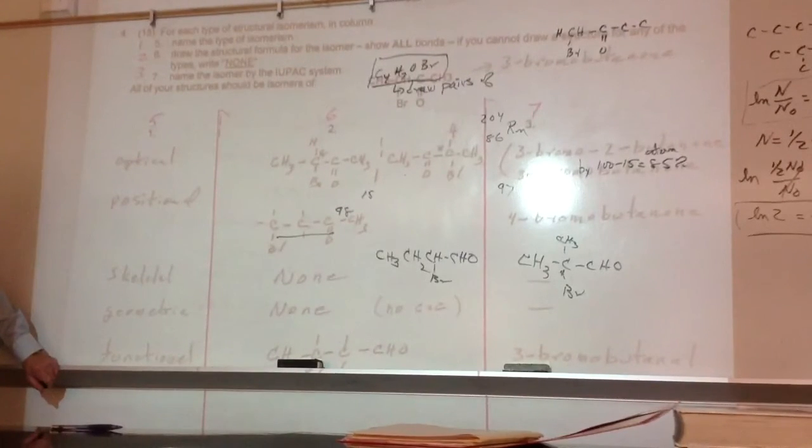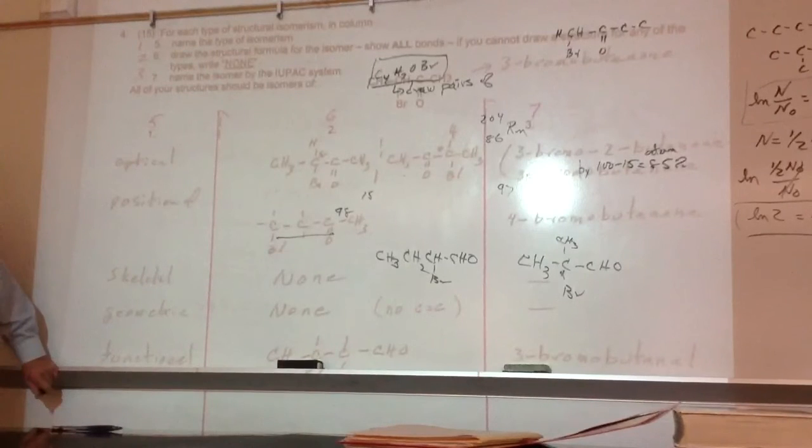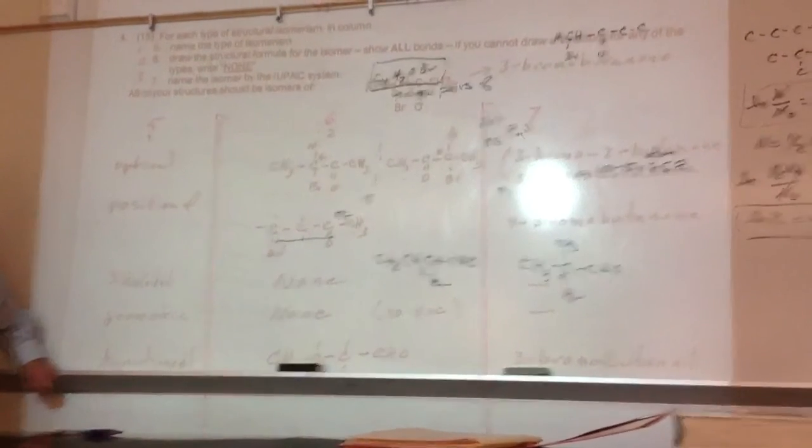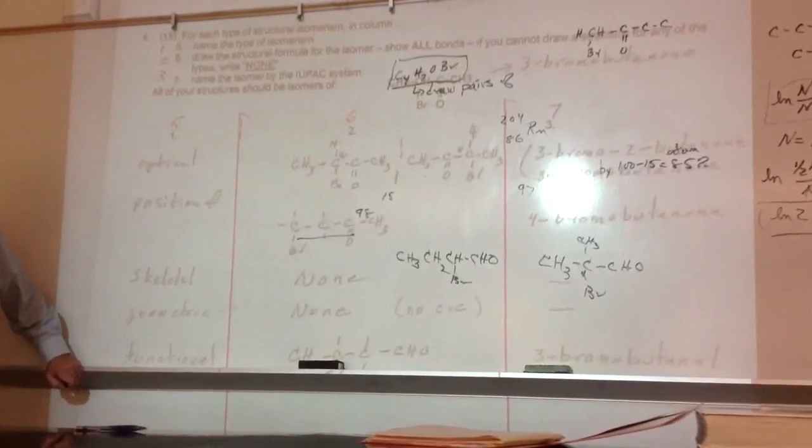In other words, I asked different questions using essentially the same molecules. I don't want to give you 20 carbons or 10 carbons, because then you could write 3,000 isomers or 3 million or whatever it was. The more carbons you have, the more isomers you can draw.